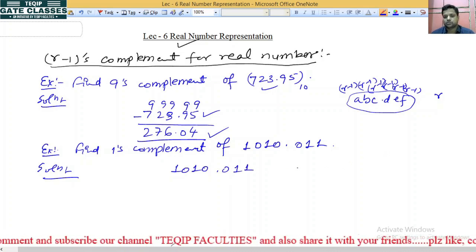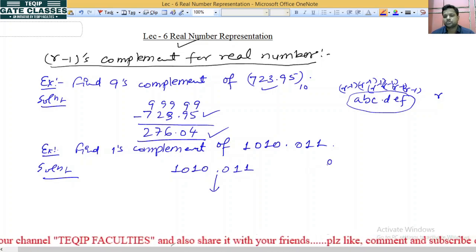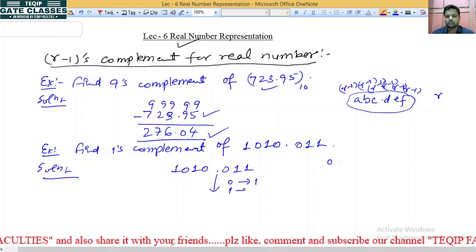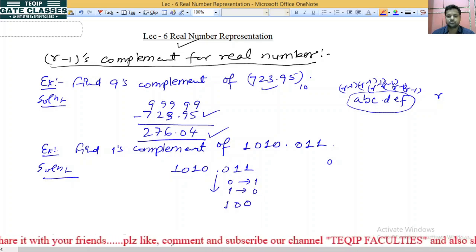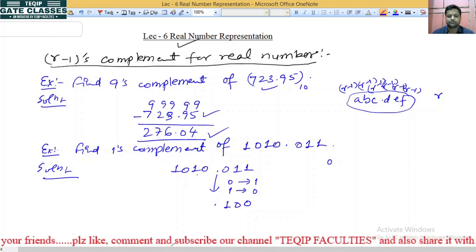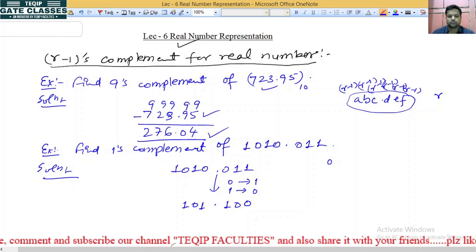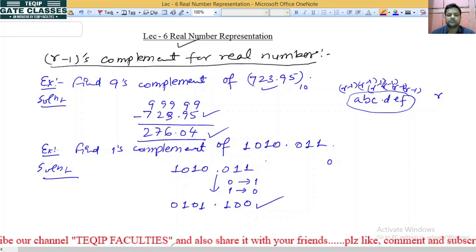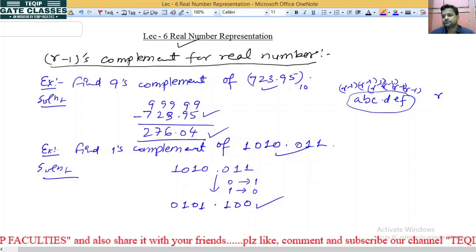What is the shortcut? I want 1's complement of this number, so you have to change 0 to 1, 1 to 0. It will be 0101.1100. This will be the 1's complement of the given number.